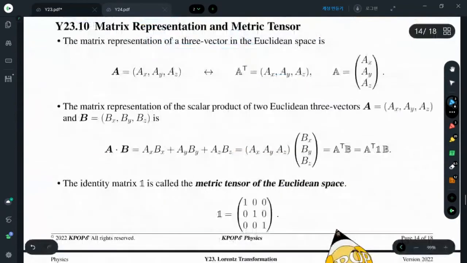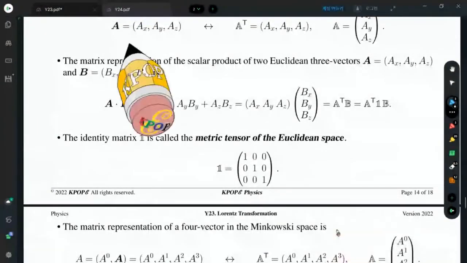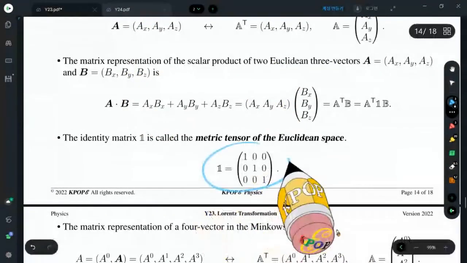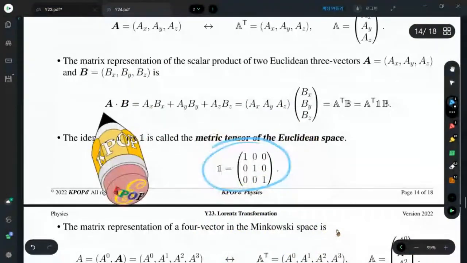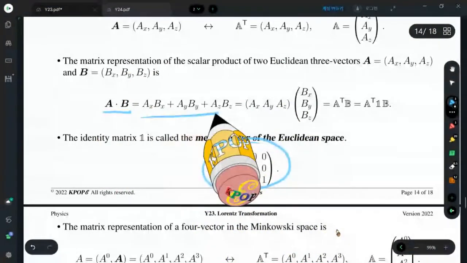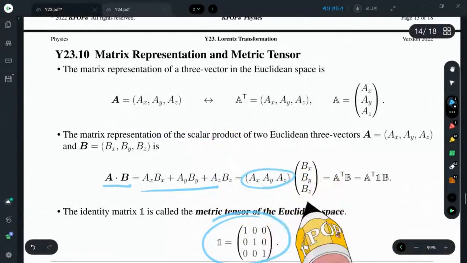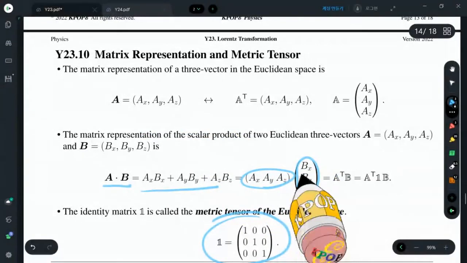This is for the Euclidean space. We have a metric tensor because this scalar product can always be expressed as a product of a row vector and a column vector.